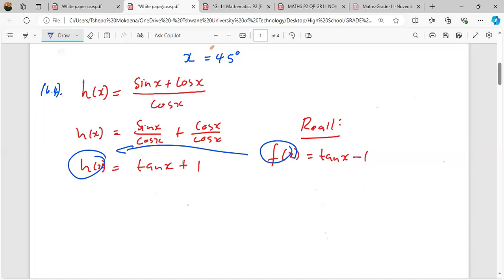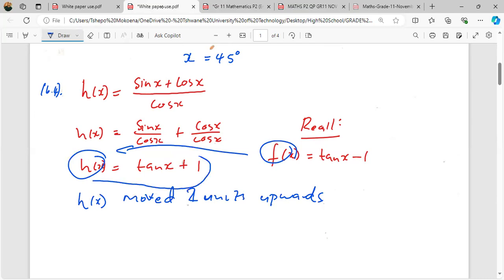We're going to say H of x moved, or translated, 2 units upwards. Simple as that. You had to manipulate this so that you can see that the graph of H actually looks like this. That was the whole idea.